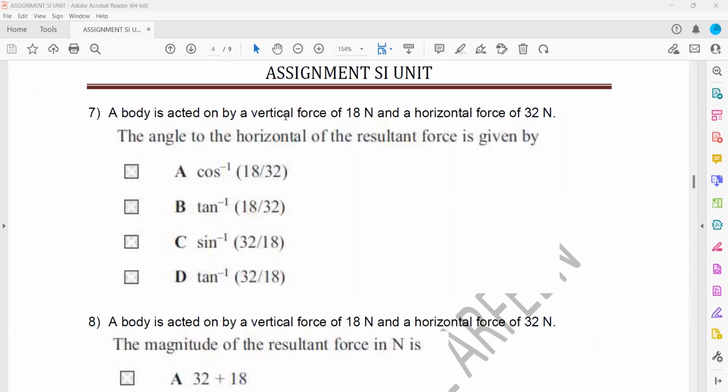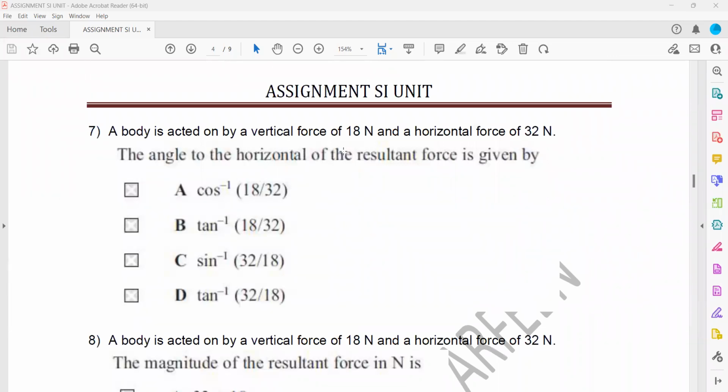In question 7, a body is acted on by a vertical force of 18 Newton and a horizontal force of 32 Newton. What is the angle to the horizontal of the resultant force? So there are two forces which are acting. A vertical force is 18 Newton and the horizontal force is 32 Newton.